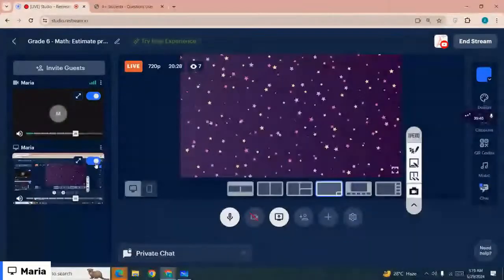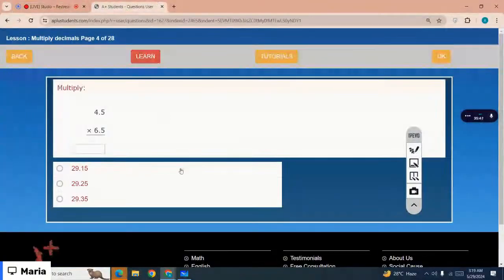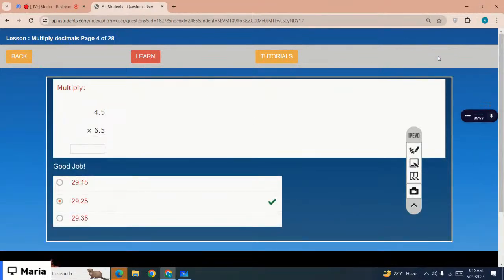You can see now, 4.5 times 6.5 is 29.25. That is the correct option. Option number 2 is the correct option.